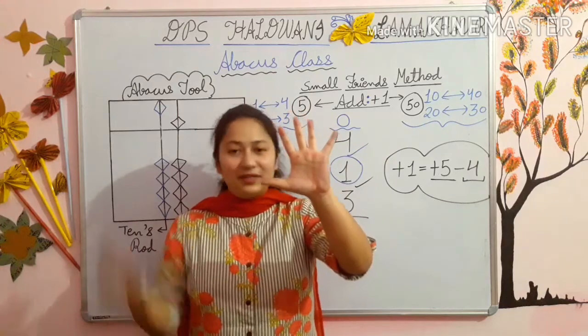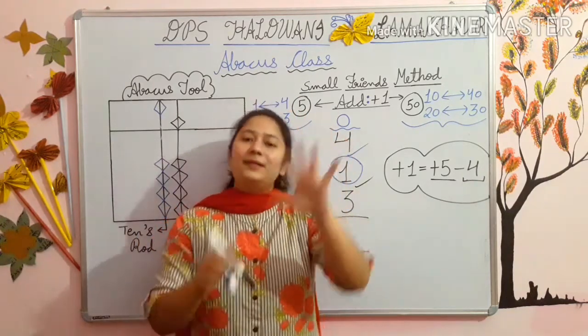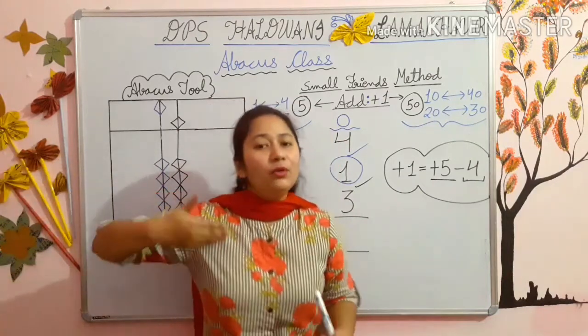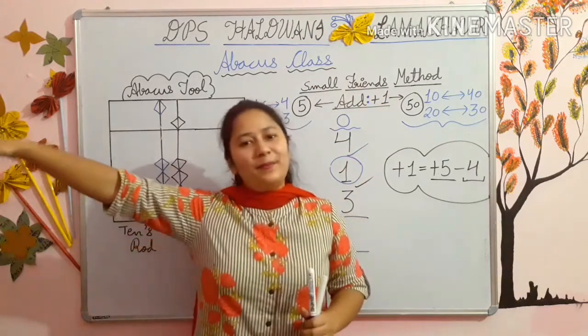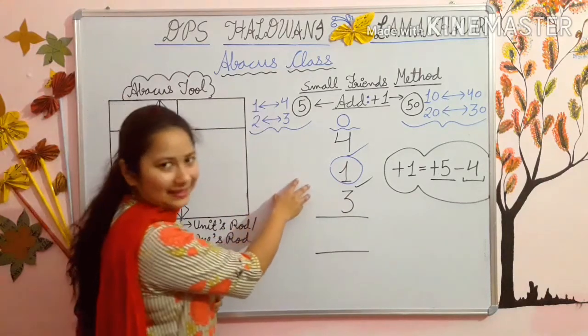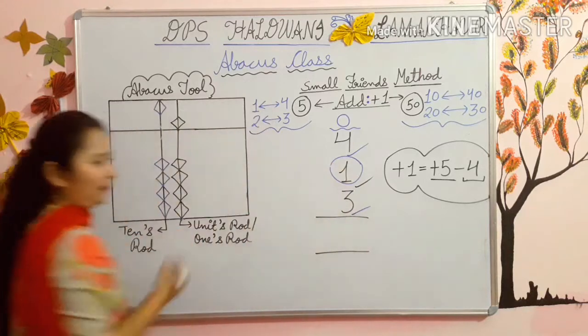Add 5. Just remember what you have to do. Add 5 and subtract the friend. Friend को subtract कर दो means friend को दूर कर दो. 5 को add कर लो, friend को subtract कर दो. Understanding kids? I hope you are getting this. Now next you have to add 3.